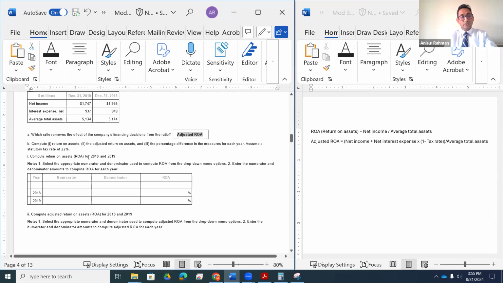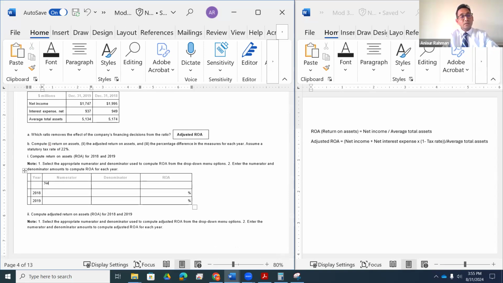Now we have to compute return on assets for 2018 and 2019. So the numerator I have already mentioned is net income. Denominator is average total assets. In case of 2018, our net income is $1,995. Average total assets are $5,174.